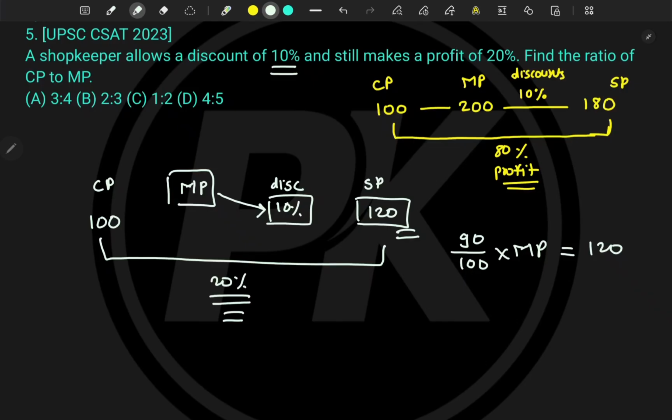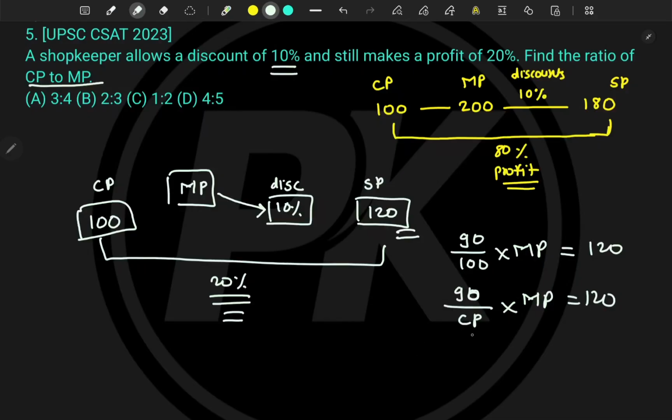Now tell me, this cost price is what? It is 100. So instead of 100 I'll just put cost price, to simplify it, right? And marked price is equal to 120. Now what is asked? CP to MP. It is asked CP to MP. Here we are saying MP to CP, right?